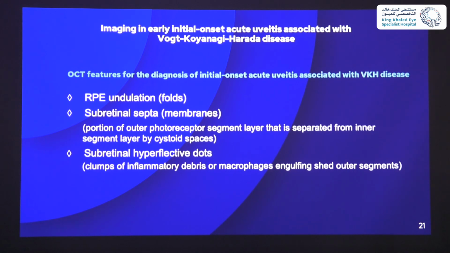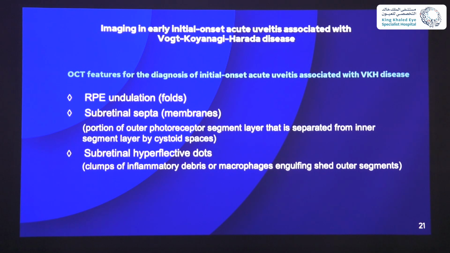The OCT findings that are in favor of VKH disease are, number one, retinal pigment epithelium undulation. I'm going to show you examples of folds. Number two, subretinal septa or membranes. It is thought, I don't agree fully with this, that this subretinal septa might represent part of the outer photoreceptor segment layer that is separated from the inner segment layer by cystoid spaces.